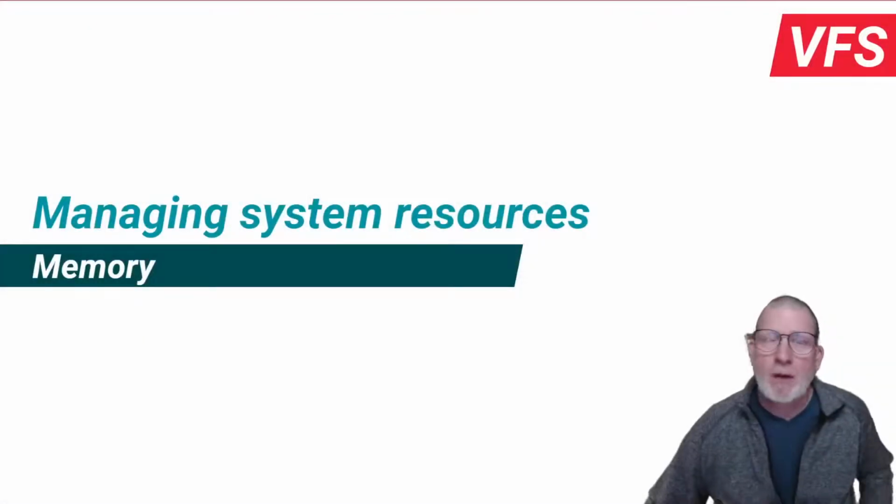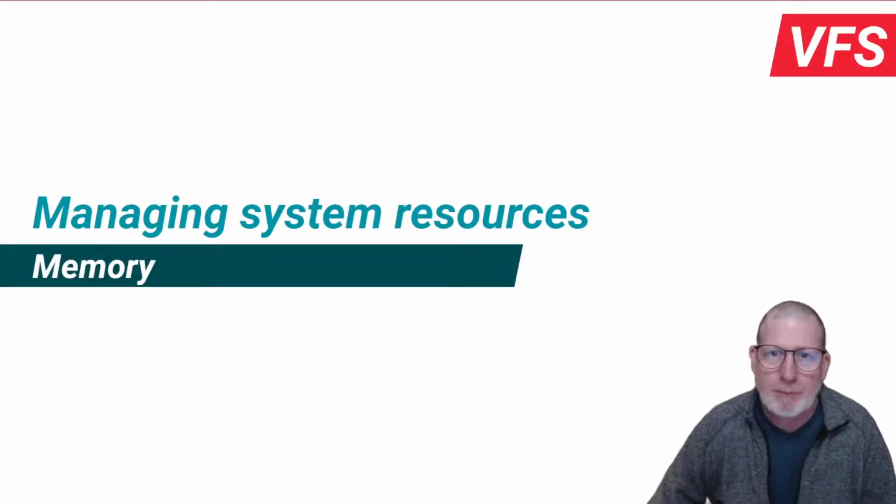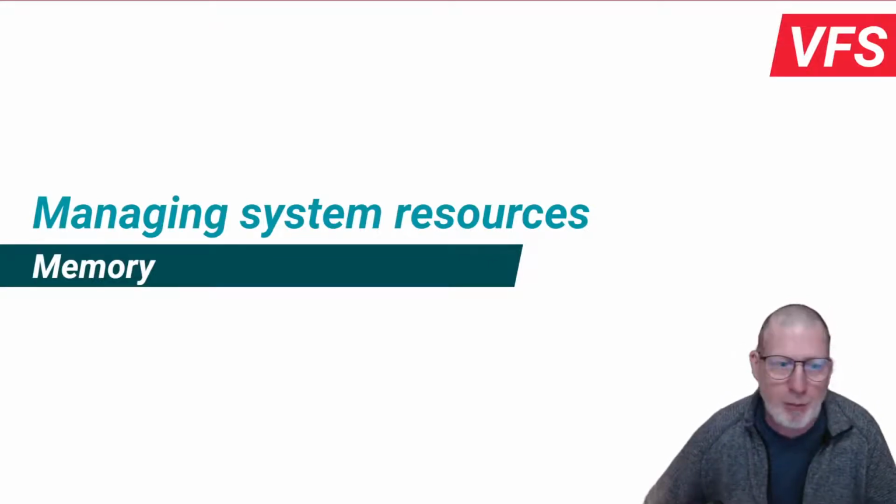Okay, guys, let's get into a little bit of what's going to work with some of your applications. So the first thing I talked about was memory and how we are going to manage memory.